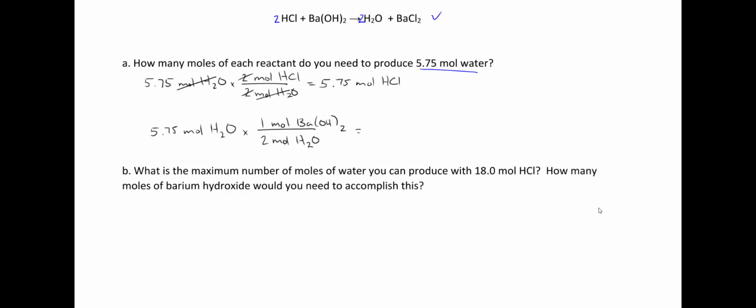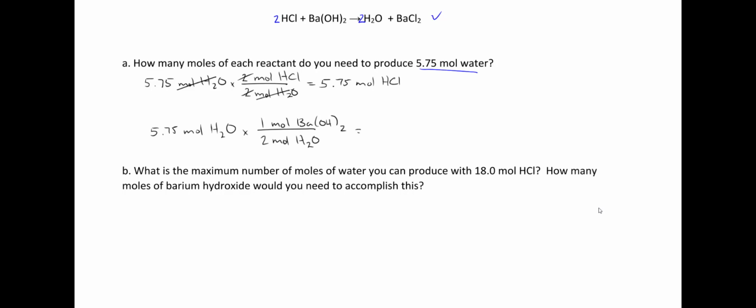So putting that into the calculator, actually it's not too hard, we should be able to do that one in our head, but that's going to be 2.875. But we have to adjust that down to 3 significant digits. As I mentioned before, all of the numbers that are in the balanced equations are considered to be exact numbers.